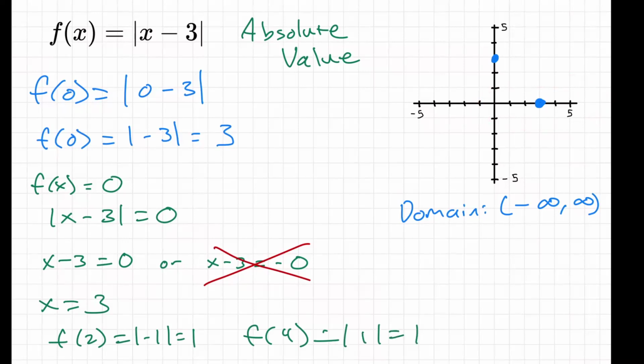And when we do that, we get 2 minus 3 and 4 minus 3. But the absolute value of -1 and the absolute value of +1 both equal +1. Remember, all I did was take that value up here and subtract 3, so that's where these are coming from. The absolute value of both those gives me 1. So if I plug those points in, we get an important part of our graph now.